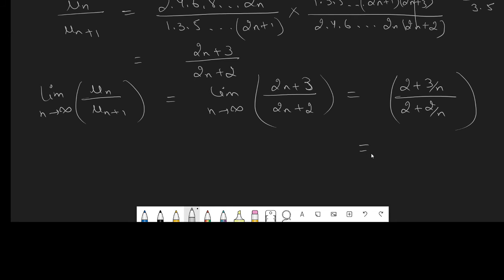As n tends to infinity, 3 by n and 2 by n tend to 0, so you are left with 2 divided by 2 and the answer is 1.